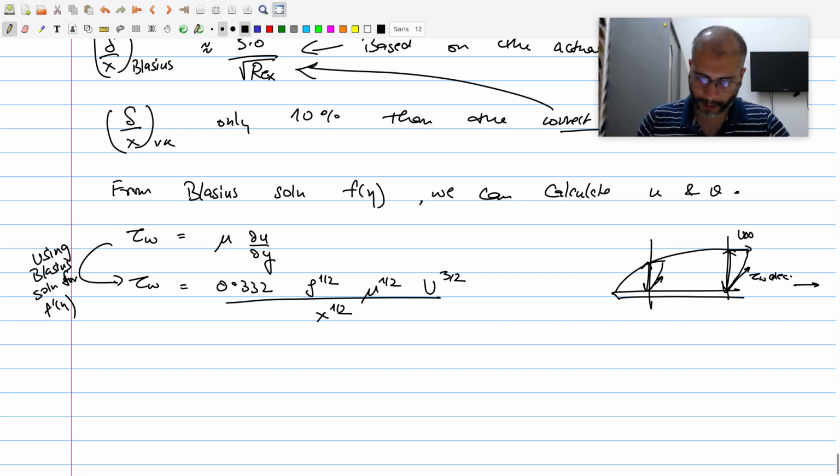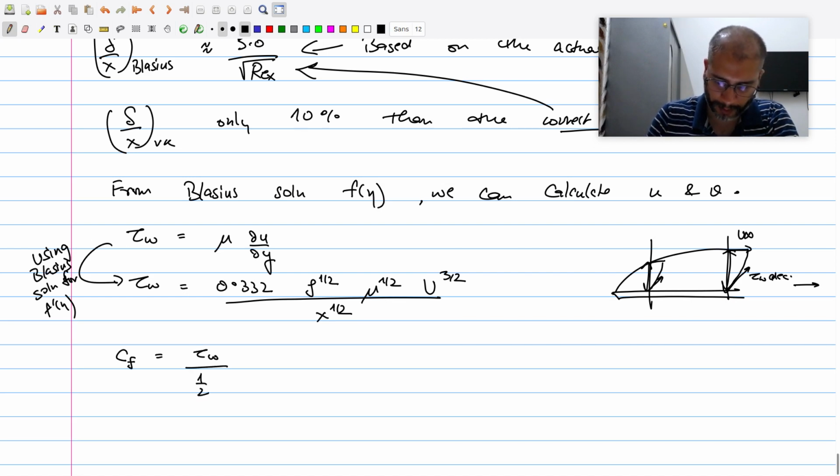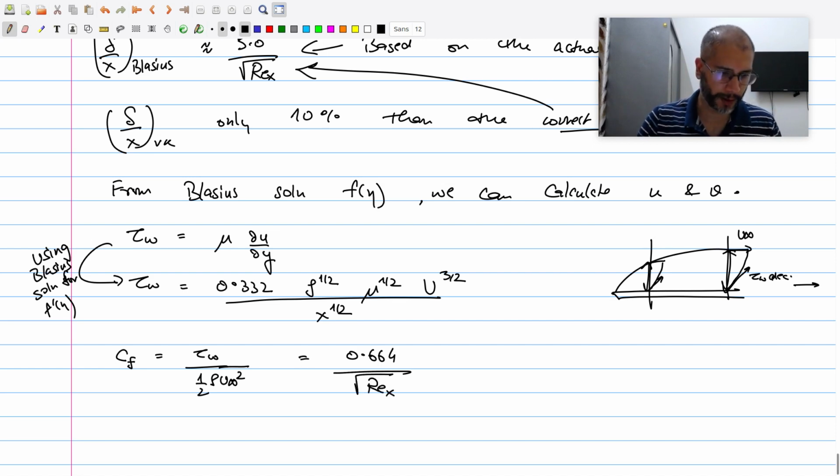When we typically talk about the friction factor, which is tau wall upon half rho u infinity squared, it's just a way to non-dimensionalize the wall shear stress, and CF is like the Darcy friction factor in a pipe. So this is 0.664 upon square root Rex.